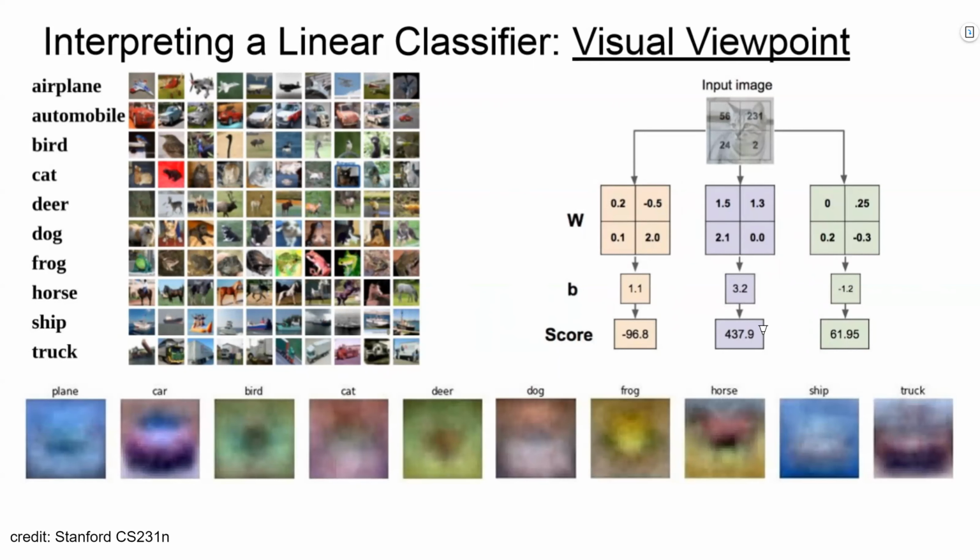If we learn very good parameters W, then these W look like this. For the case of car, it looks like a template of a car, and for the case of horse, the W looks like a template of a horse.